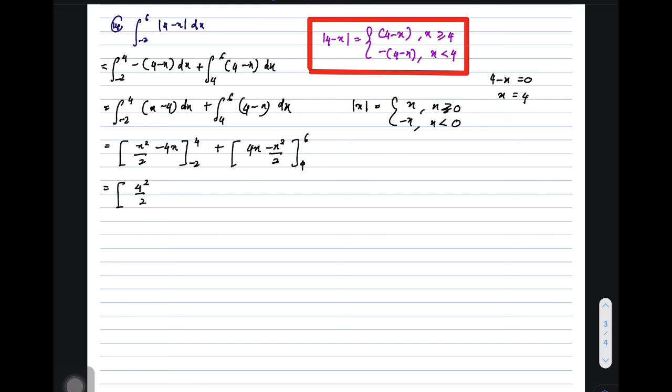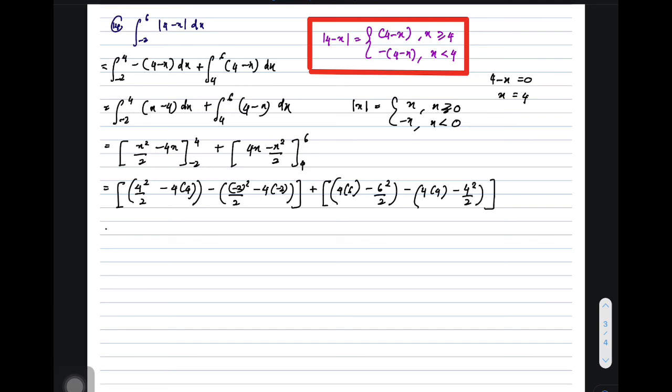So we have 4 squared over 2 minus 4 times 4, then minus negative 2 squared over 2 minus 4 times negative 2, then plus 4 times 6 minus 6 squared over 2, minus 4 times 4 minus 4 squared over 2.